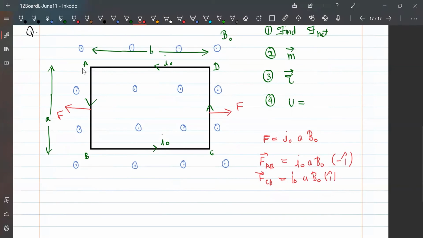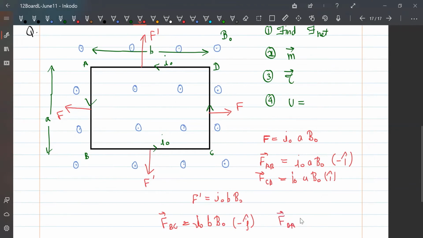Then if we calculate force on DA, that will be again outside. Let me call this F dash, where the value of F dash will be I naught B B naught, and force on BC will be downwards. This is also F dash. So we can write force on BC as I naught B B naught, and the direction will be minus J cap, and the opposite for force on DA, I naught B B naught into J cap.